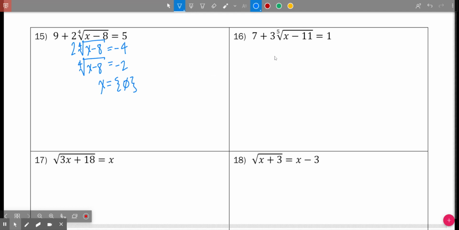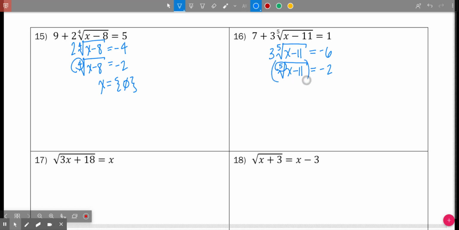In number 16, I start by isolating my radical. So I subtract 7, and this gives me negative 6. I divide both sides by 3, and I have the fifth root of x minus 11 equals negative 2. Since the index of my root is odd and not even, like in numbers 15 and 14, it can be equal to a negative.